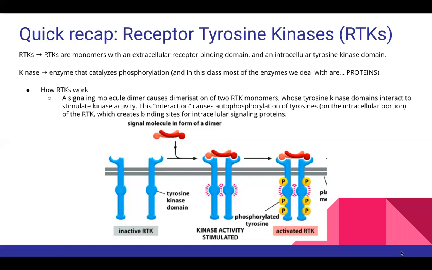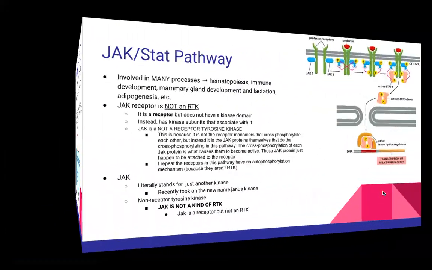Once the kinase activity is stimulated, the RTK monomers are able to cross-phosphorylate each other in the intracellular portion. And this phosphorylation of the active RTKs creates binding sites for other downstream proteins. So that's just the basic mechanism of how RTKs work.